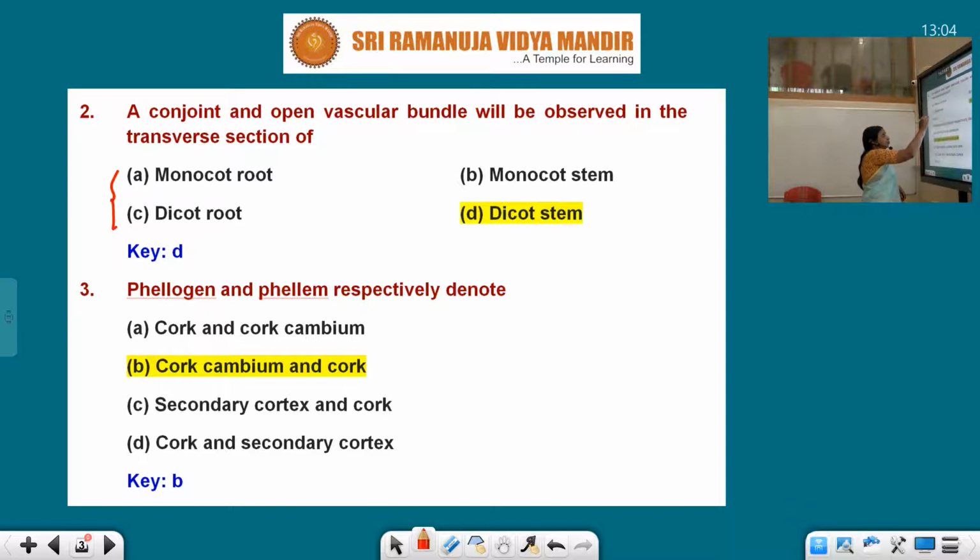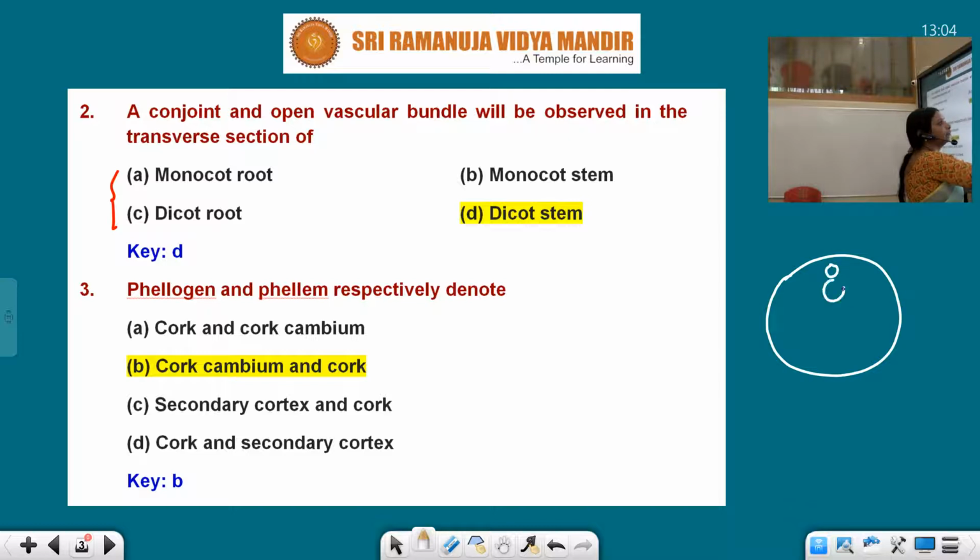If we take these two, monocot root and dicot root, the vascular bundles are radial, alternate and closed type. Radial because in roots it is always radial type. This is the stellar part, and this is protoxylem and this is metaxylem. The smaller one is protoxylem, which is towards the periphery, metaxylem is towards the center, and alternate to xylem, phloem is present.